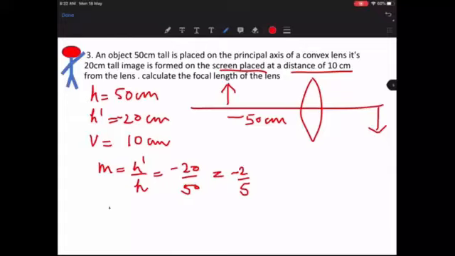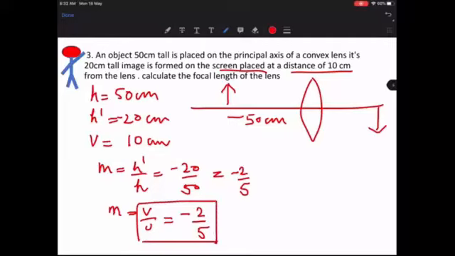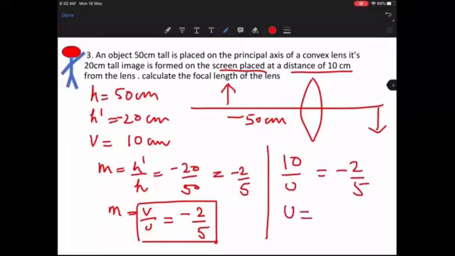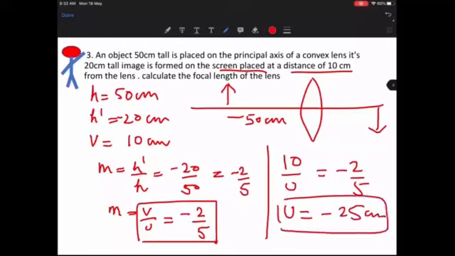You know your magnification and you also know that the formula for magnification in case of lens is v upon u, which is minus 2 upon 5. So you can equate like this: v upon u is equal to minus 2 upon 5. You already know v, which is 10, upon u, which you do not know, is minus 2 upon 5. So you will be getting u is equal to minus 50 upon 2, which will be 25 centimeters. So this is your u.